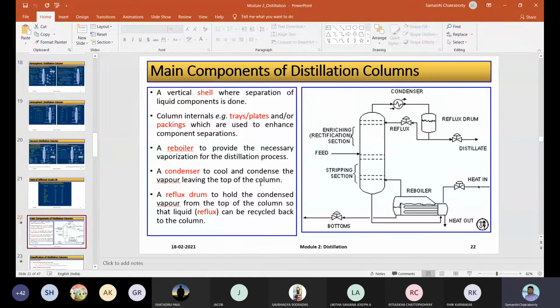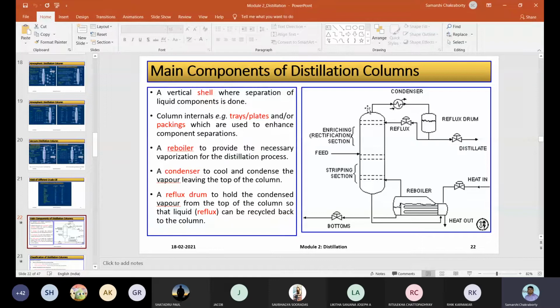The reboiler section is present at the bottom, where you extract a little bit of liquid from the bottom, the reboiler heats it up, and then it is injected again, and some heat exchange will definitely take place. And the bottom product, if you consider this as an atmospheric distillation column, is going to be RCO, that is reduced crude oil.